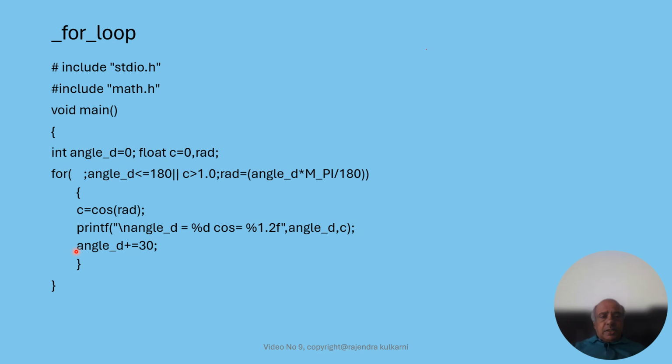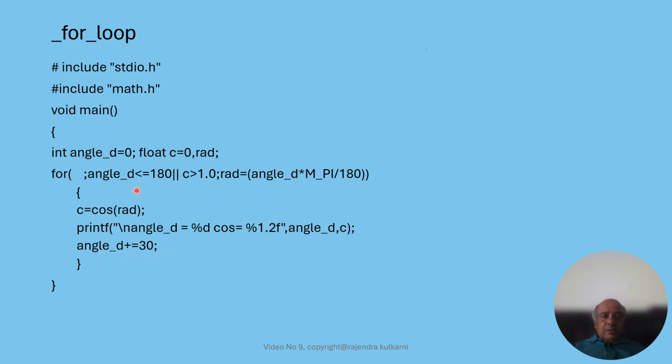In this statement, angle underscore d is being incremented by 30 in every iteration, closing brace of the loop. Till this angle underscore d less than or equal to 180 is true, the loop goes on executing, giving the value of cosine of angle underscore d, which is getting incremented by 30 in every iteration.